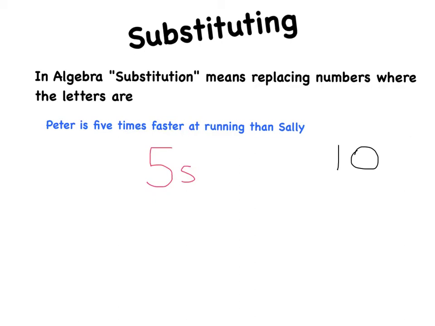Now we can substitute this 10 into our algebraic expression in order to find the answer. So we know he's running 5 times faster than Sally. Okay, if Sally's running 10 kilometers, I simply go 5 multiplied by 10. That means in the same amount of time, Peter can run 50 kilometers because he can go 5 times as fast.